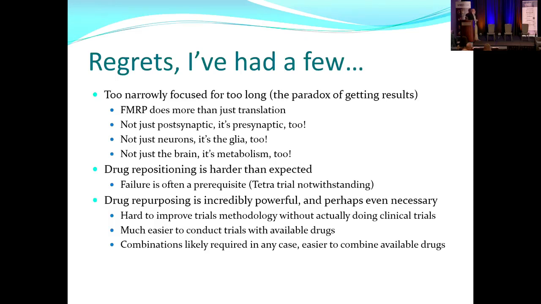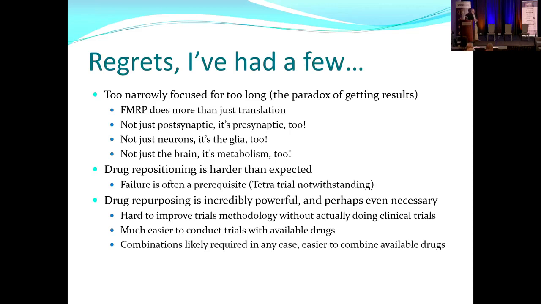So the regrets that we have over the years is that we focused a little bit too narrowly, and it's the paradox of getting results. We figured out right away what FMRP did, or so we thought, but it turns out it does more than just regulate activity-dependent protein synthesis. And not only that, but it's not just postsynaptic, it's presynaptic too, and it's doing something completely different in axons.